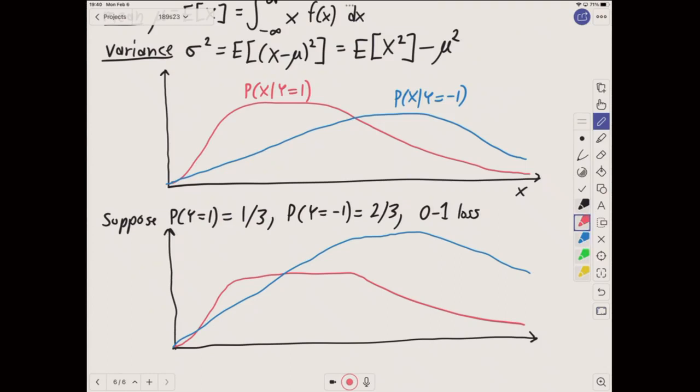The red curve is the same curve as before, but now I've multiplied it by 1/3. The blue curve is the same curve as before, but now I've multiplied it by 2/3.